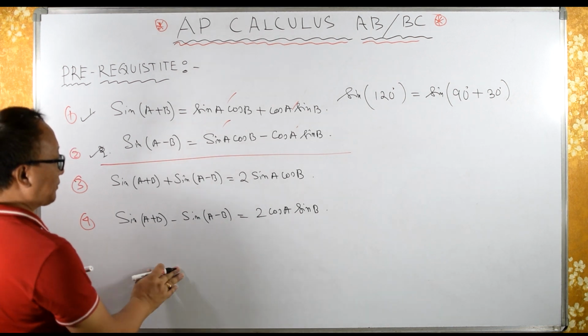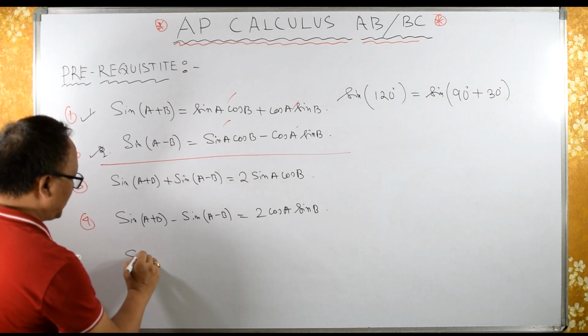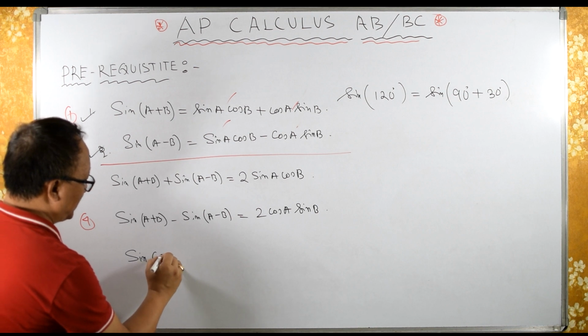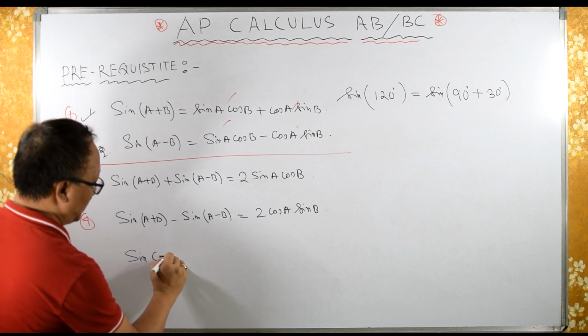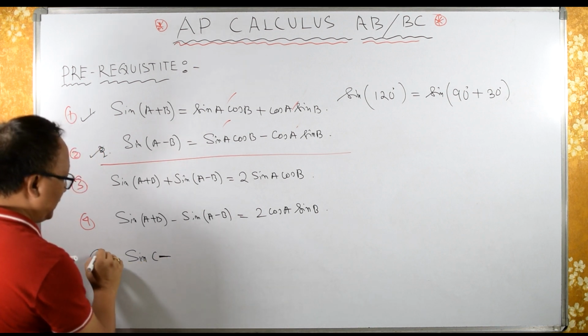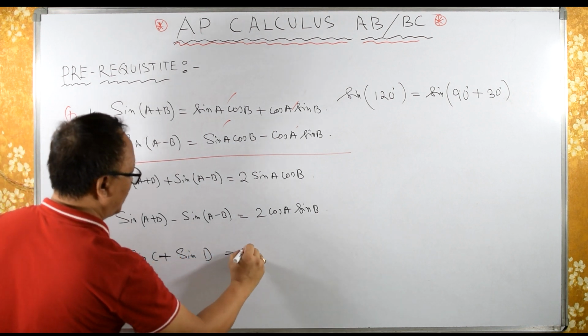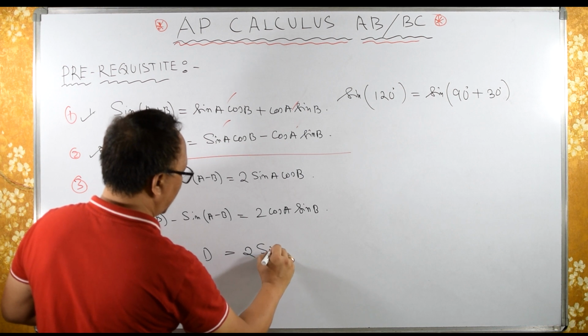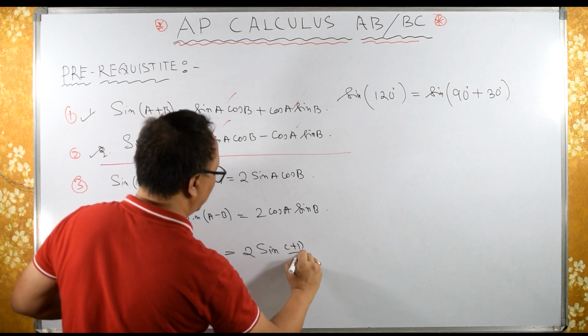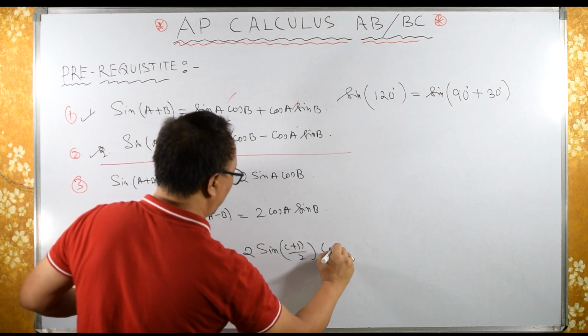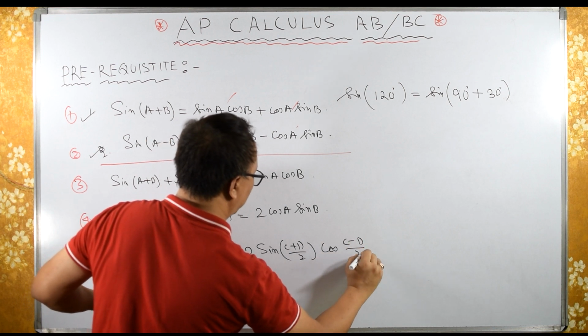And then what about sine c plus sine d, number 5. Sine of c plus sine of d is equal to twice sine of (c plus d) upon 2 times cos of (c minus d) upon 2.